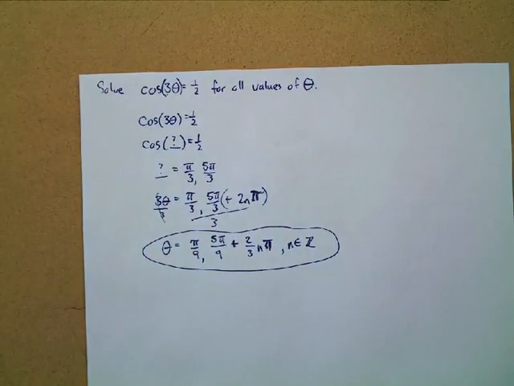So this should not surprise us too much if we think back to our graphs of the trig functions. For example, cosine, when you had a number inside with the theta, you remember what we did with that, right? We took that 3 theta, we put it between 0 and 2 pi, we divided both sides by 3, and what did that do? Our original period from 0 to 2 pi shrunk to be from 0 to 2 pi over 3.